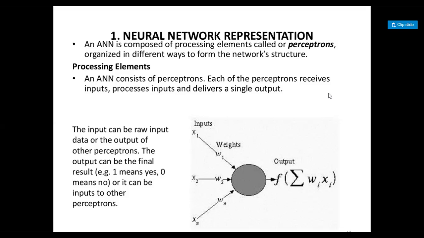So initially, what they do is design a perceptron, identify the possible inputs, and assign them some probable weights. The weights are assigned in such a way that the total sum of the weights becomes equal to 1 on a single perceptron.